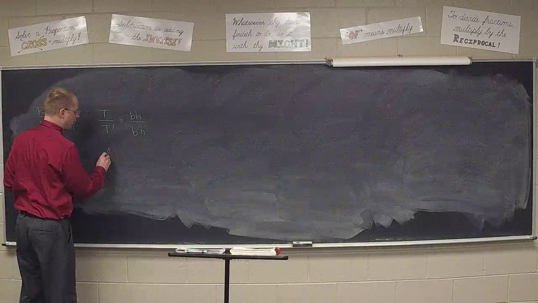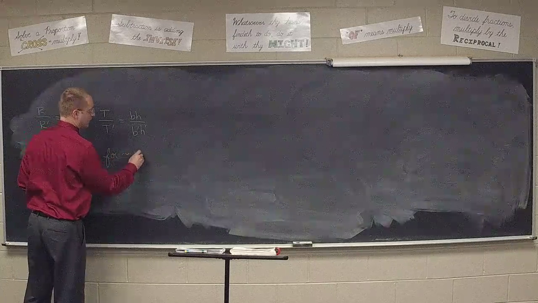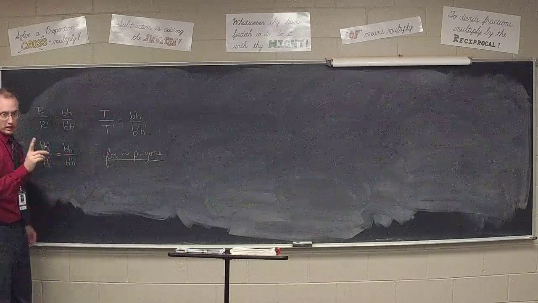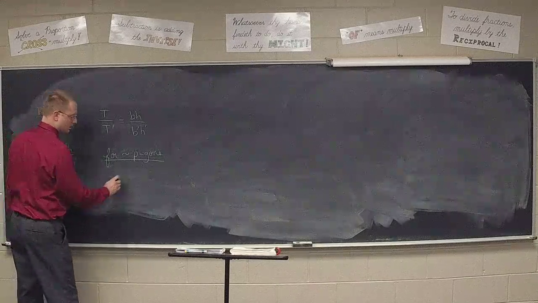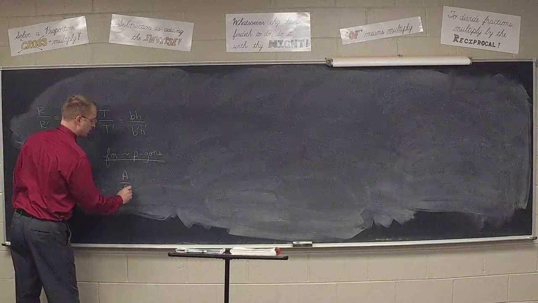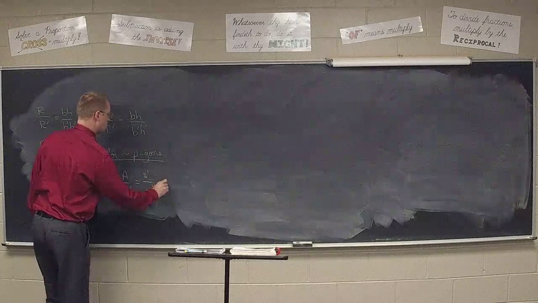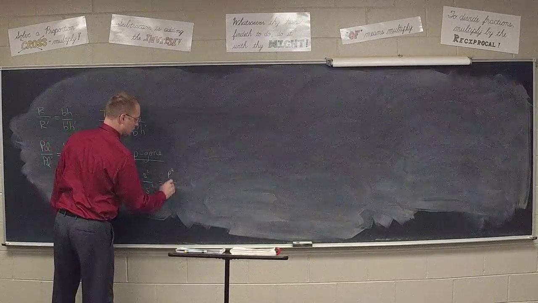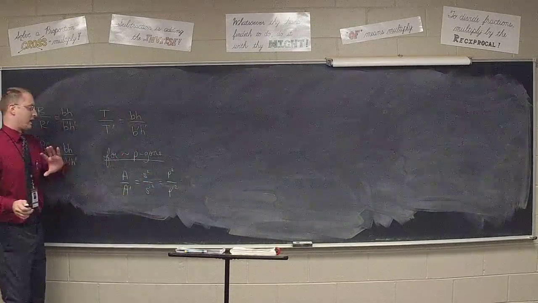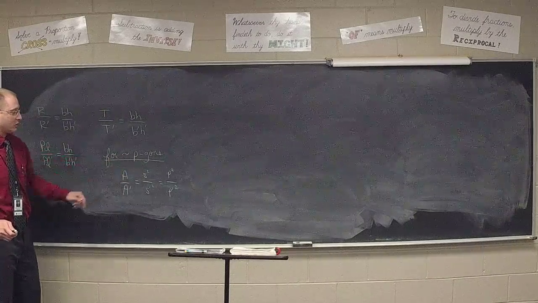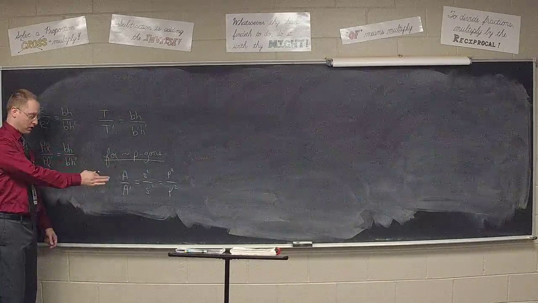But for all similar polygons, how would I compare their areas, Jamie? Area is to area as side squared is to side squared, as perimeter squared is to perimeter squared. There we go. Class, say that with me. Area is to area as side squared is to side squared, as perimeter squared is to perimeter squared.